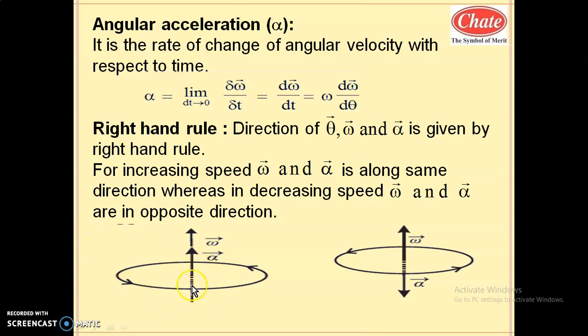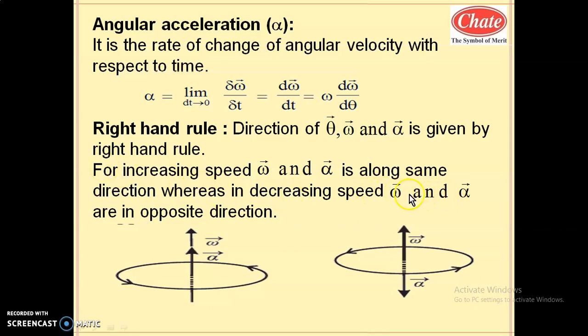As omega increases, alpha will be in the same direction as omega, since alpha is positive, because omega 2 minus omega 1, where omega 2 is greater than omega 1, is a positive difference. So alpha will be in the same direction as omega whenever omega is increasing.